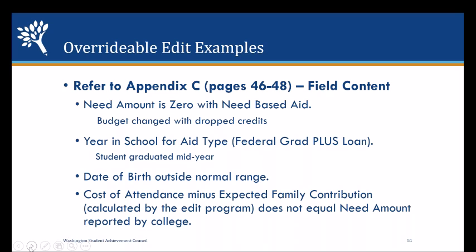I talked about that student that graduated mid-year and went on to a graduate program. Date of birth outside the normal range. We get this if they're younger, and I guess there are some, but we also get it if they're old. So those are overridable because you do have people coming back to school after a certain age.